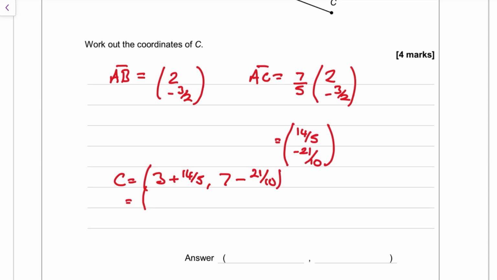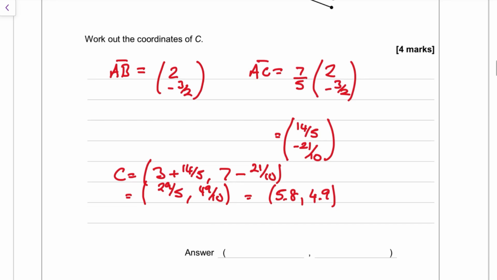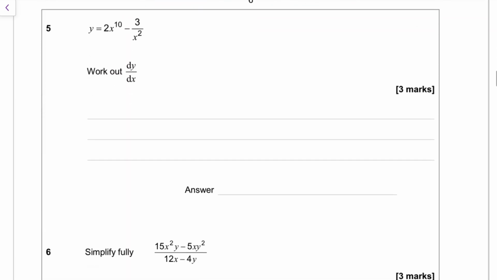So 15 plus 14 is 29 over 5, and 7 is 70 over 10. 70 minus 21 is 49 over 10. And I think that's perfectly acceptable. I could write as a decimal, so 29 over 5 is 5.8, and 49 over 10 is 4.9. Either of those two answers I think are fine. Question done. Yeah, I'm happy with that one. Next one.